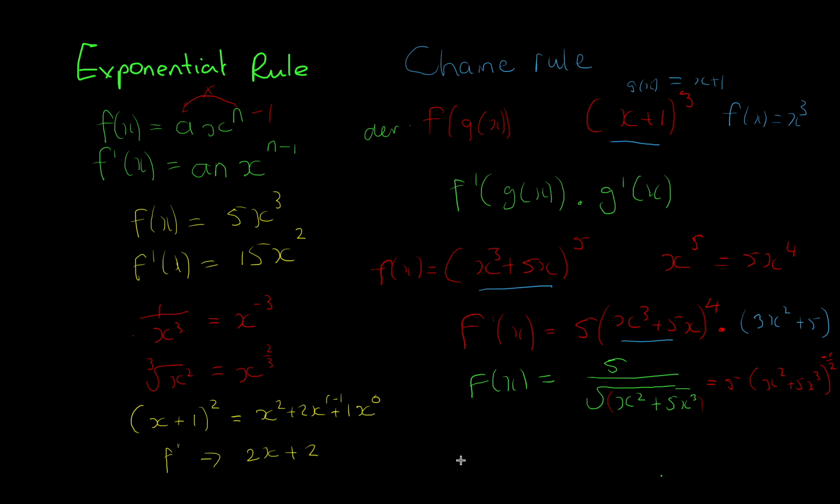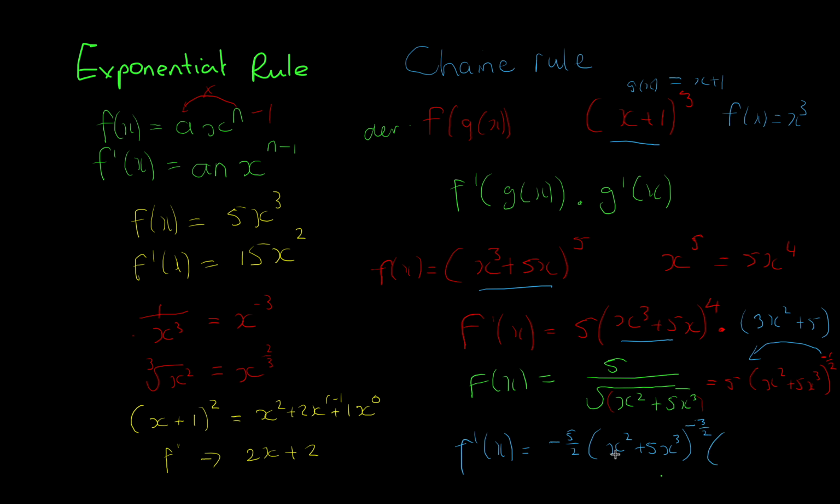Now we can get the derivative. We always multiply the exponent with the coefficient, so it's going to be 5 multiplied by minus a half, which would be minus 5 over 2. The middle part stays the same, and we subtract 1 from the exponent, so this will be minus 3 over 2.